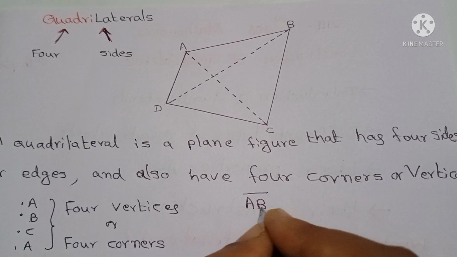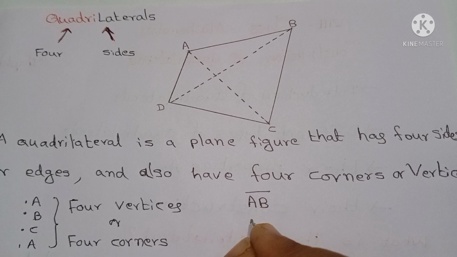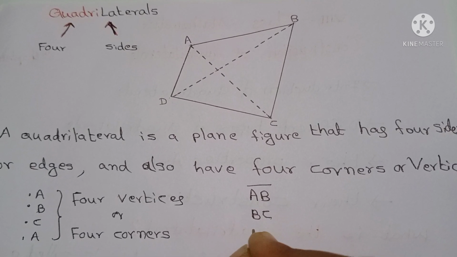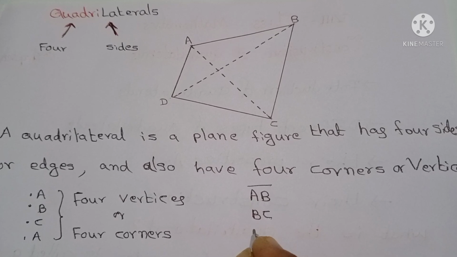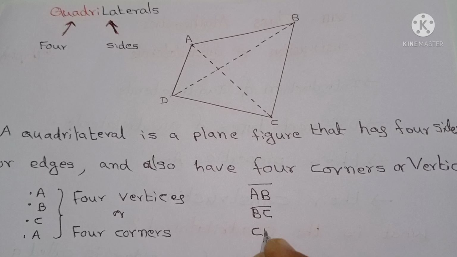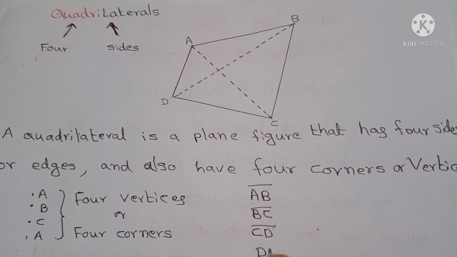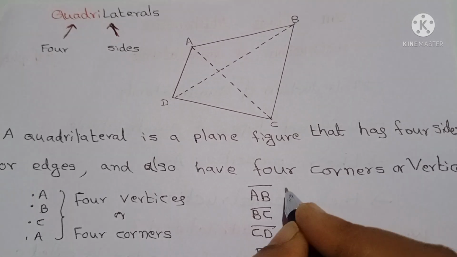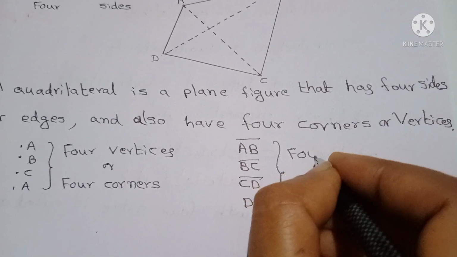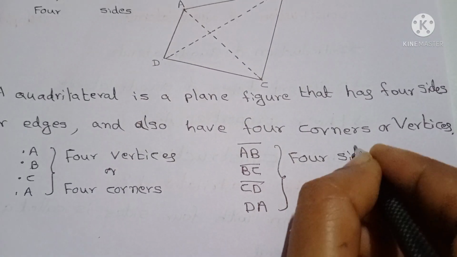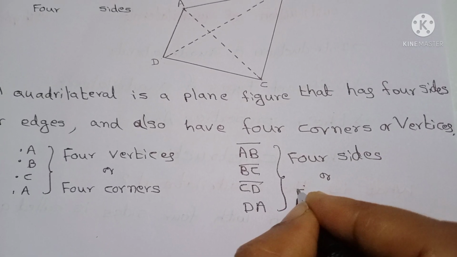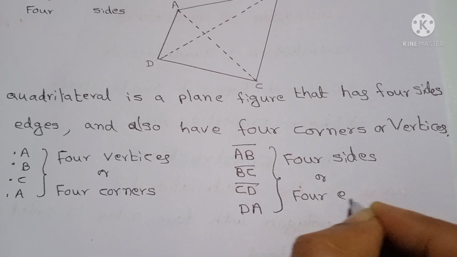AB, BC, CD, DA. These are all 4 sides, four edges.